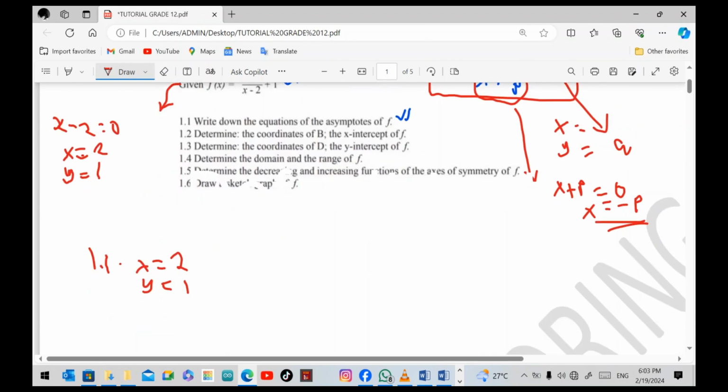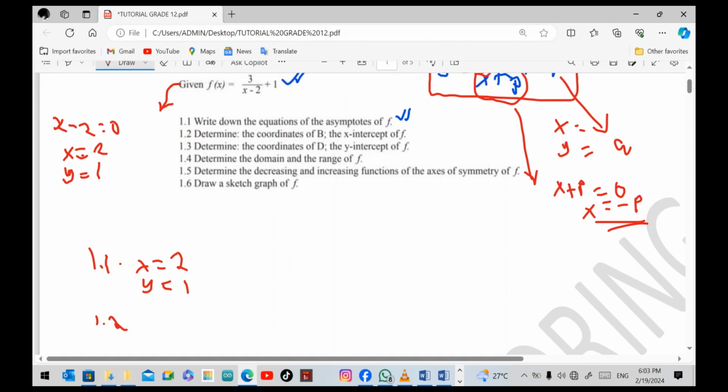Now 1.2: determine the coordinates of B, the x-intercept of f. We don't know where B is, so that is why they have to be specific about what they are looking for. Now they want the x-intercept.